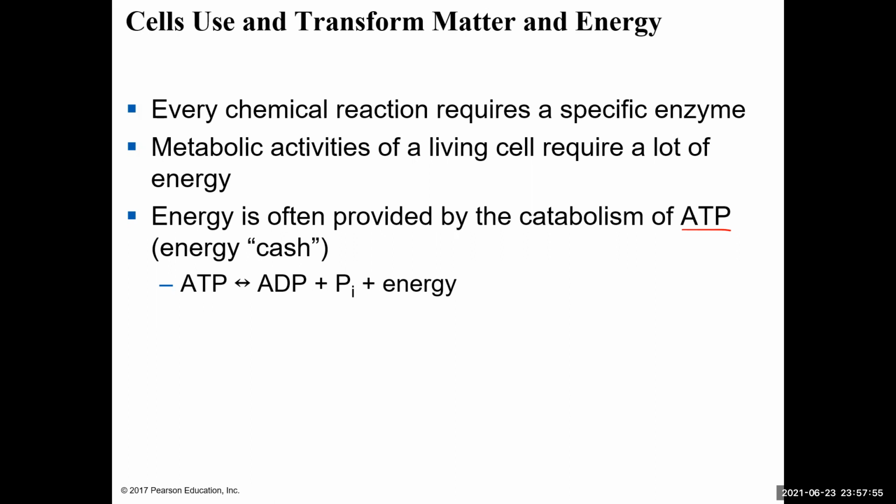Because as we just learned, that ATP energy is used to move molecules against their concentration gradient. And then the ADP can have another phosphate added back onto it, and can be turned back into an ATP molecule. So it can basically be recycled.